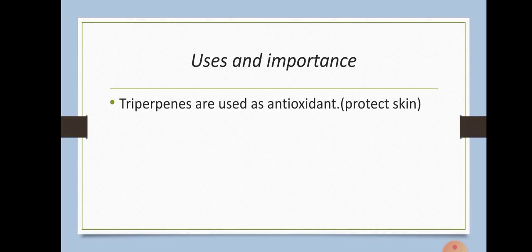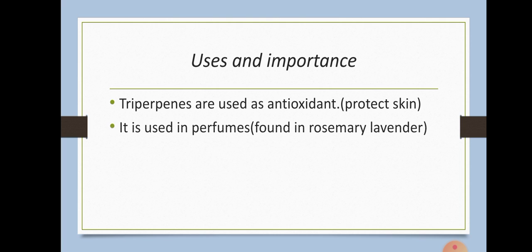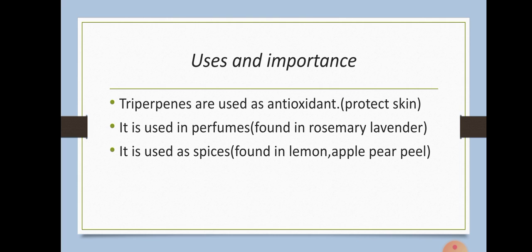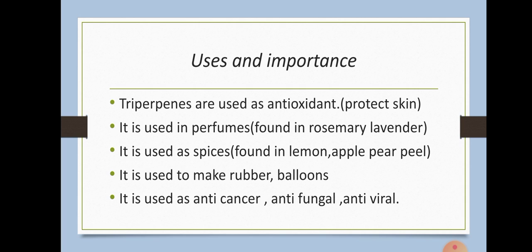Now let's go towards the uses and importance of triterpenes and terpenes combined. Triterpenes can be used as antioxidants. Terpenes can be used as perfumes, like rosemary and lavender. They can be used as spices, because terpenes can be found in the peel of apple, lemon, and pear. They can be used to make rubber, balloons, and gloves.